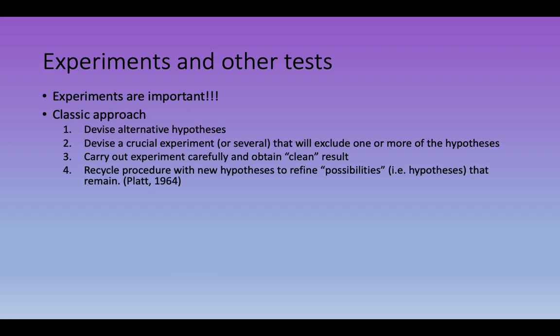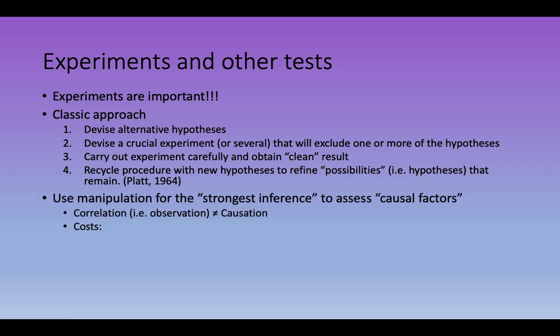Classical approach, right? We're going to devise some alternative hypotheses. We're going to have this crucial experiment, which is going to exclude one or more of these hypotheses. We're going to carry out that experiment. We get a clean result, right? We can then recycle that procedure for new hypotheses and refine. And that is such strong inference, right? So when we do experiments, we can get really good, clear evidence of the kinds of things that we're trying to test.